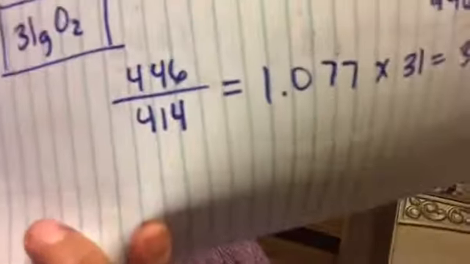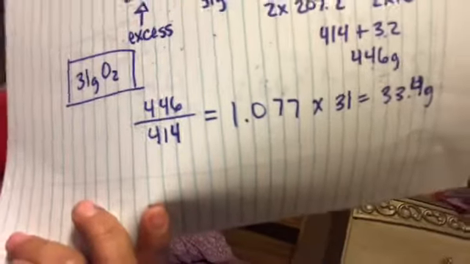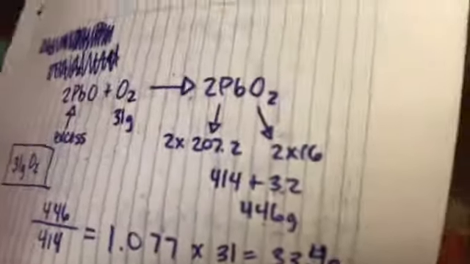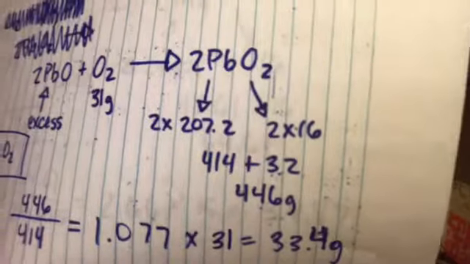Then reacting to 2 PbO2. So for that, I multiplied the molar mass of lead, 207.2 times 2, which we got as 414. And then oxygen, 2 times 16, which is 32. And then add those two together, getting 446. So we would put 446 here. And the 414 is from the lead over here.